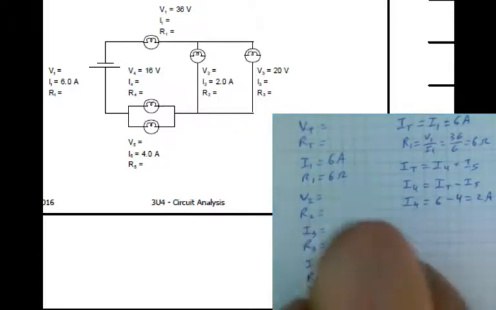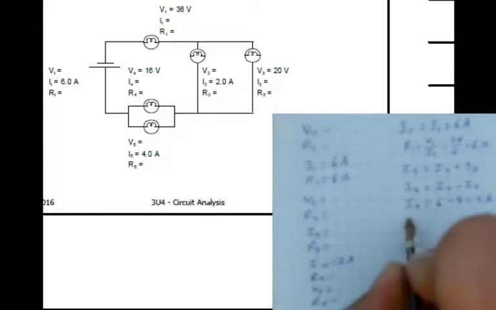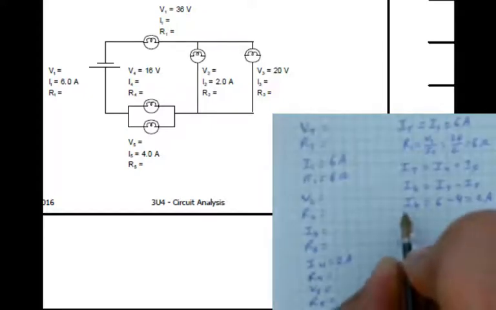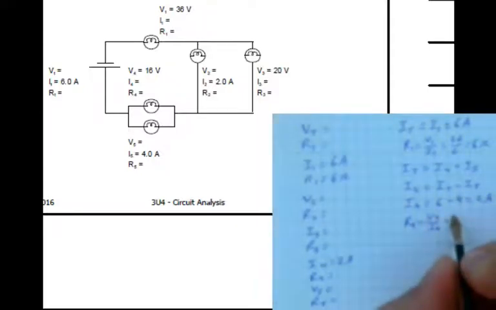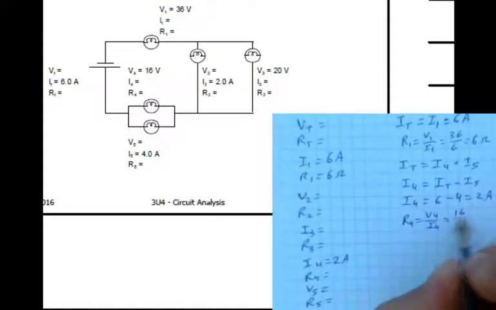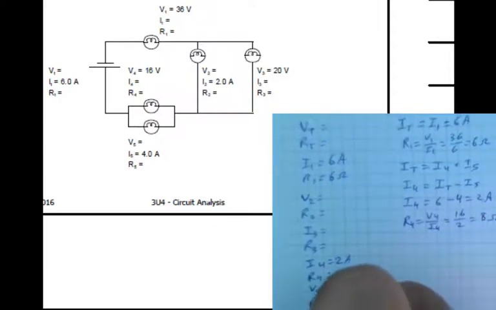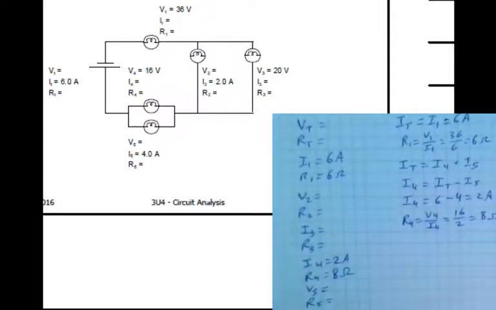So my I4 is 2 amps, and you can use Ohm's law to solve for the remaining. So voltage at 4 is given to us as 16 over 2, so that is 8 ohms. So R4 is 8 ohms.